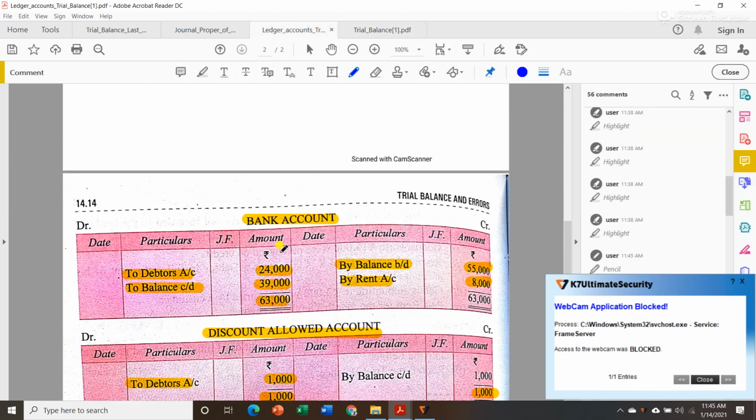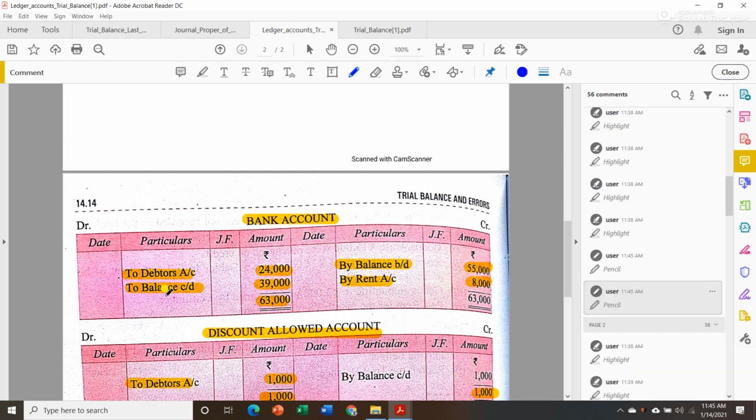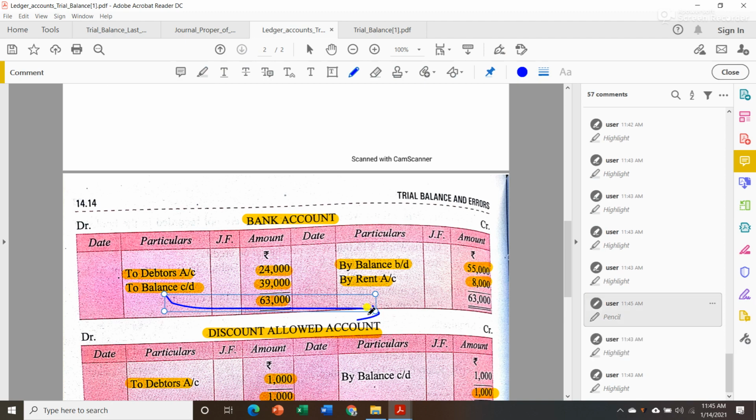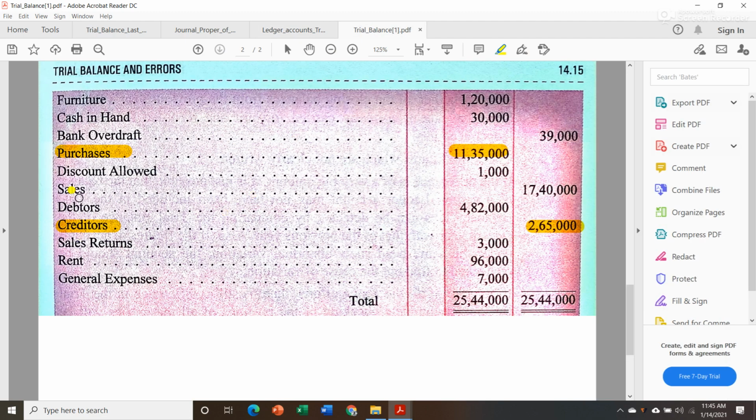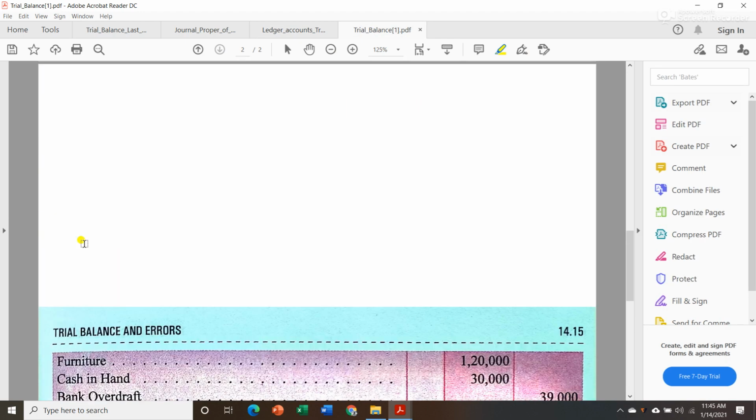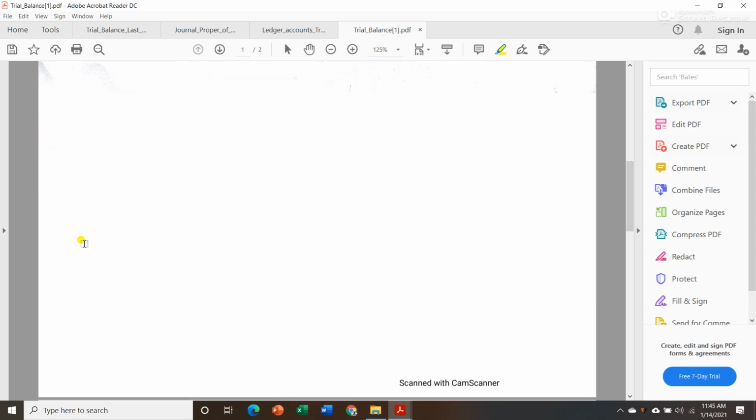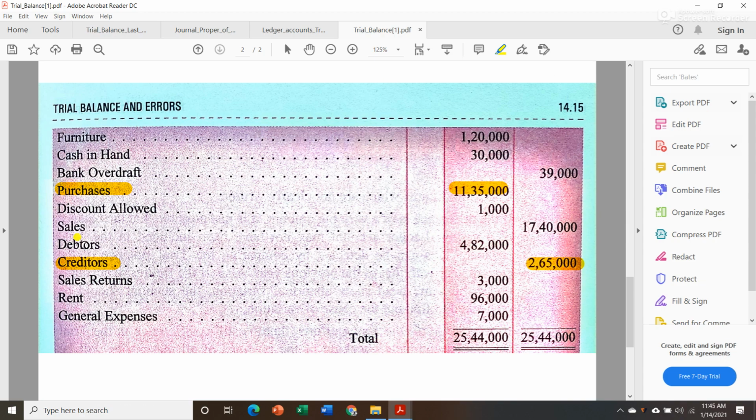Then the next ledger account we have is the bank account, showing a credit balance of 39,000. Since it is showing a credit balance, that means it is a bank overdraft of 39,000.